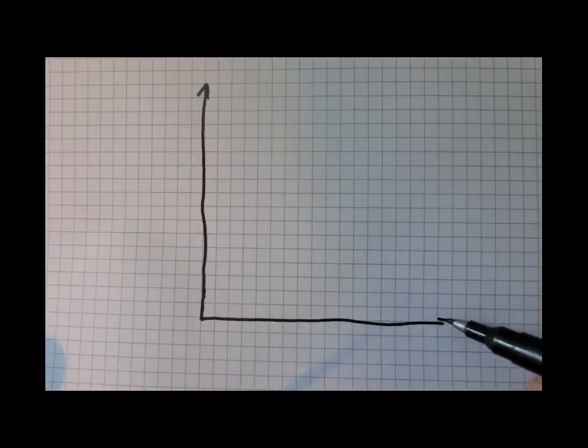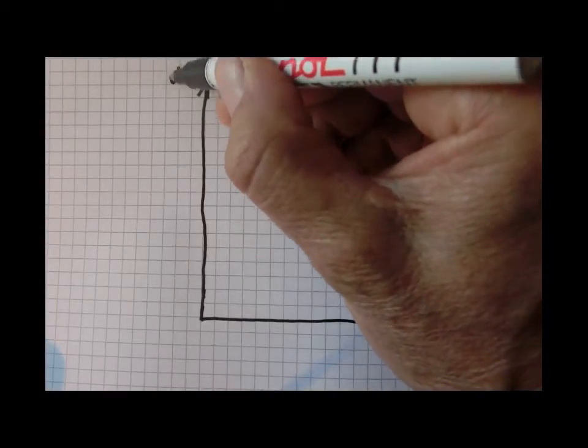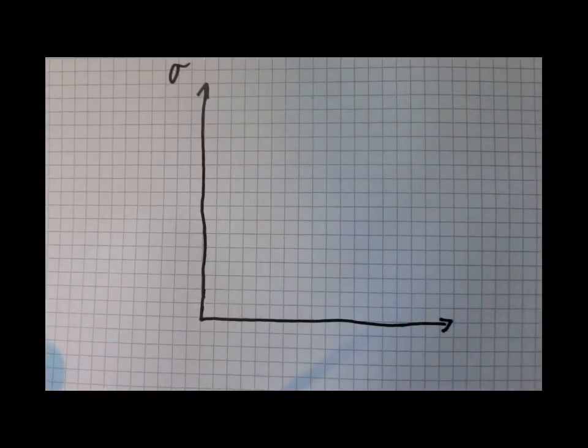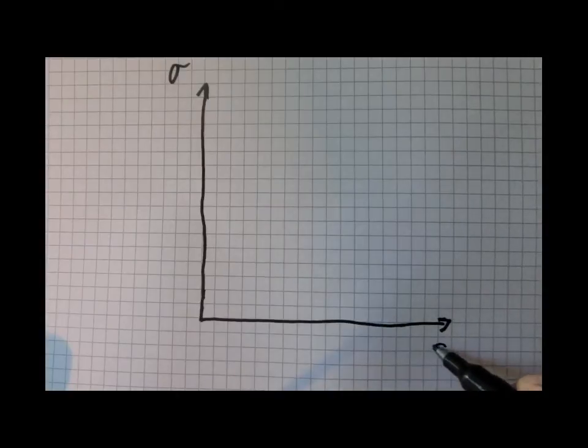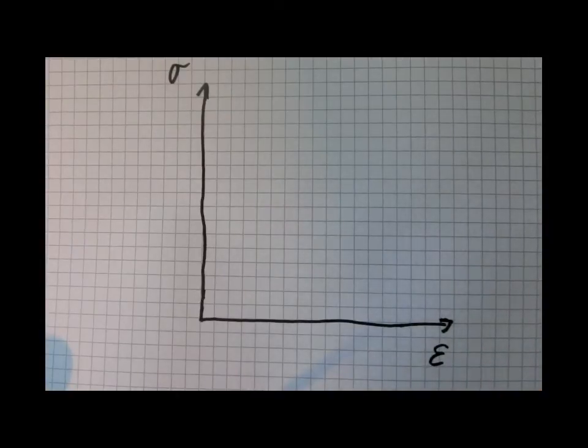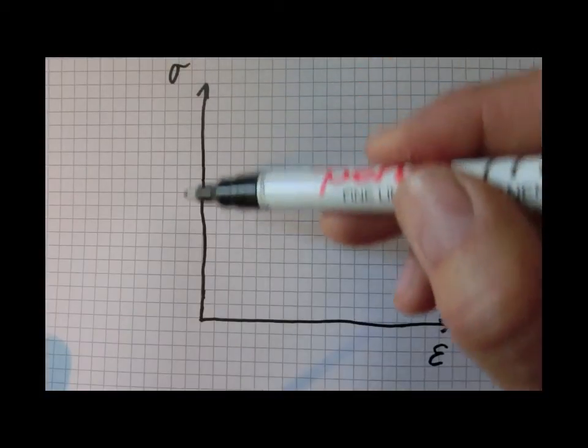The force can also be turned into a stress and we call it sigma. The stress is the force divided by the unit area on the cross section. And the deformation can also be called the strain. We call it epsilon. So here we have the force or the stress, and here we have the deformation or the strain.